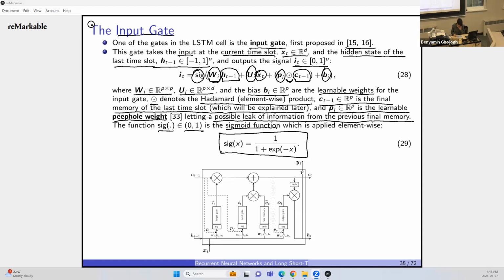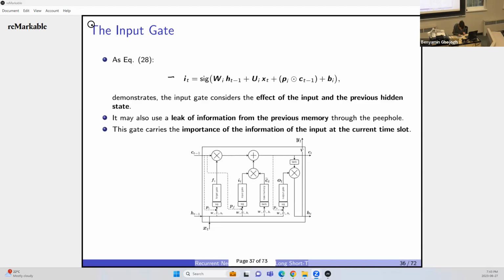So this was the input gate, and I'm repeating this here: as this equation demonstrates, the input gate considers the effect of the input and the previous hidden state. So xt, the input at this time, and the previous state. It controls how much I should use xt and how much I should use ht minus 1, okay? It may also use a leak of information from the previous memory through the peephole, right?